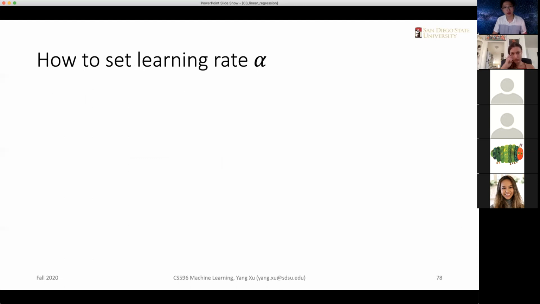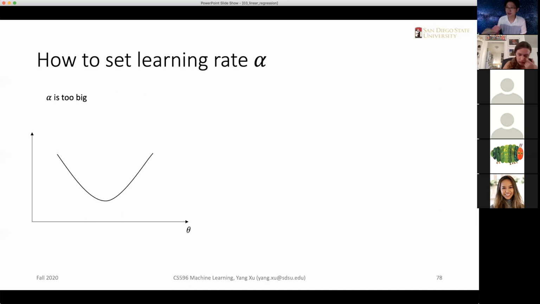The second issue is setting up the learning rate alpha. That step is critical, because if alpha is too big, let's use the quadratic function again.